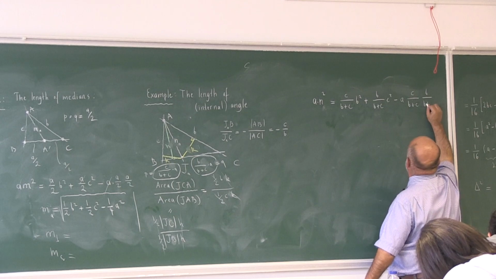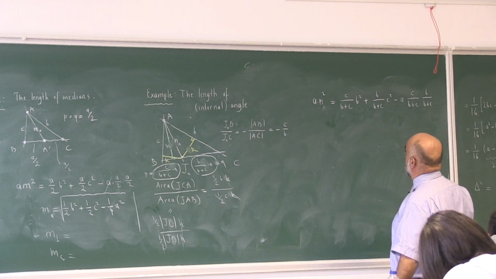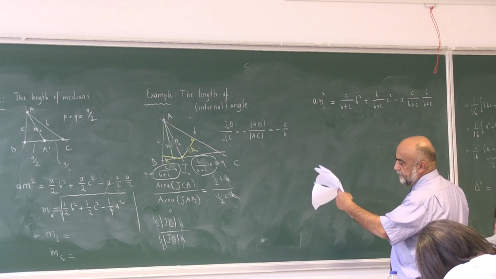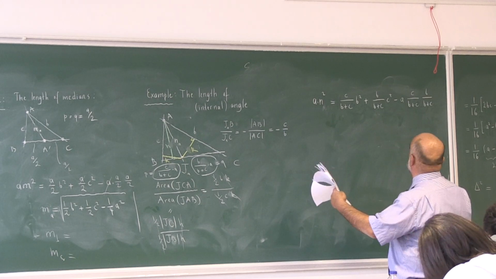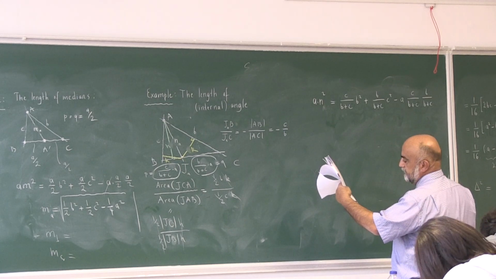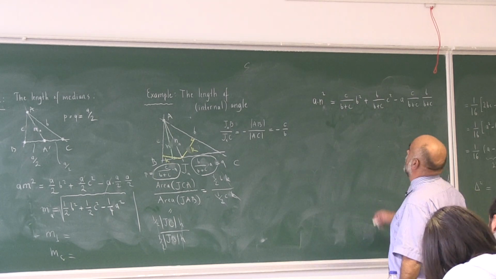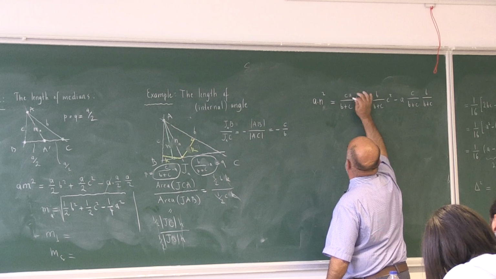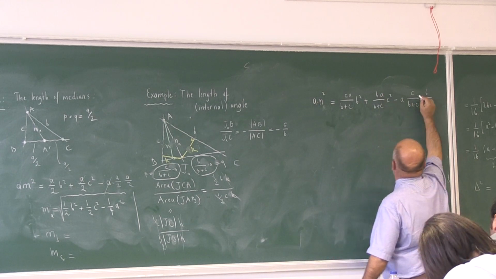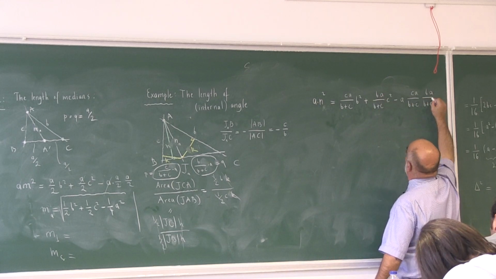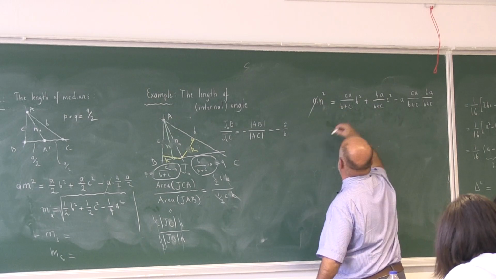Right, now let's see if we can make head or tail of this thing. Have I got something wrong? Yeah, I've forgotten A's, so I've got A. Let me cancel out these.